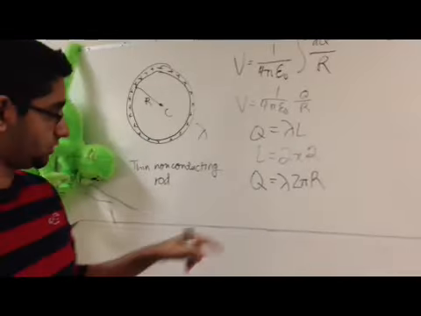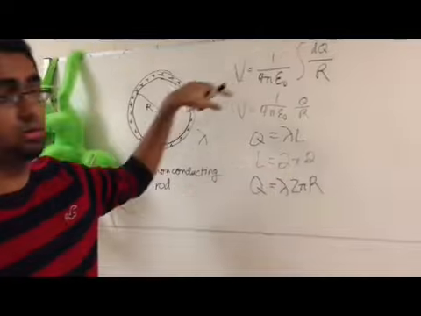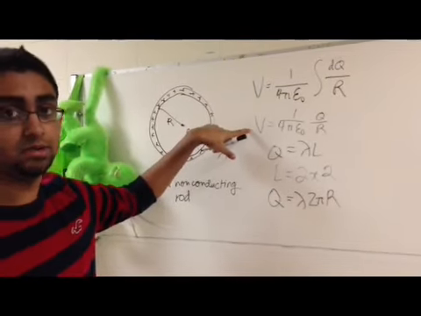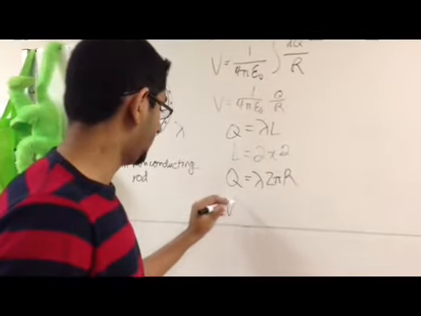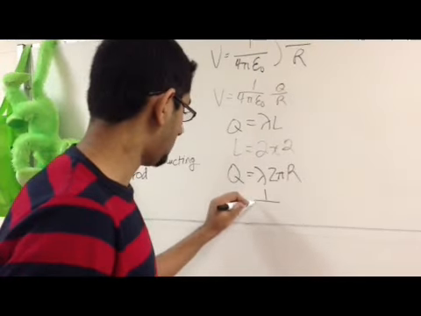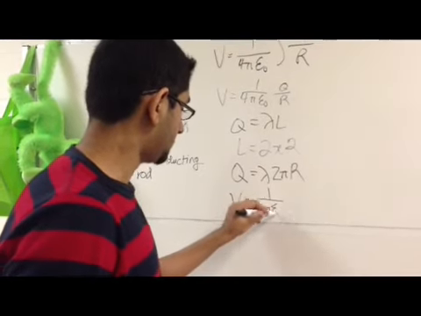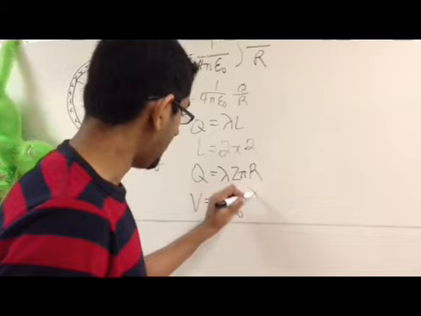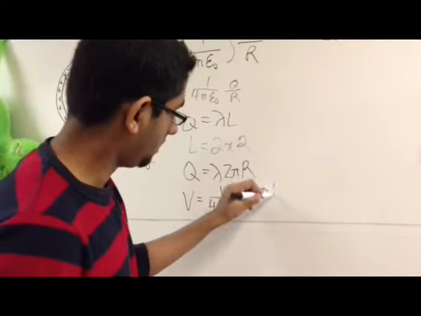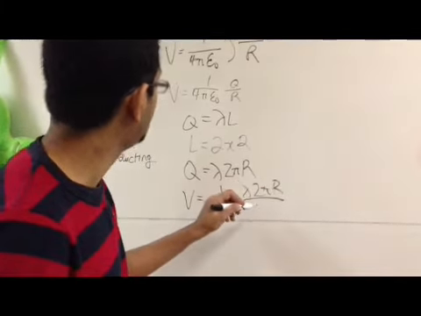Now if we substitute Q back into the original expression for potential, we get V equals 1 over 4 pi epsilon naught times lambda 2 pi r over r.